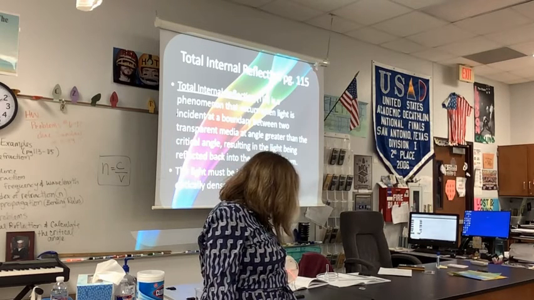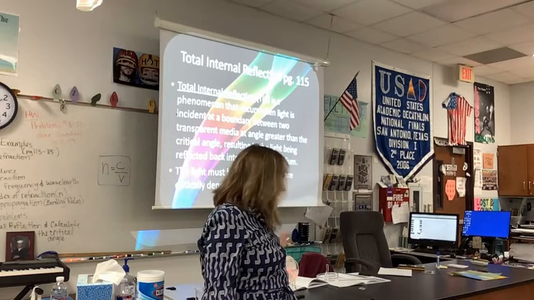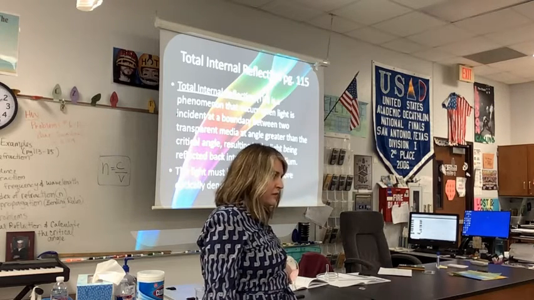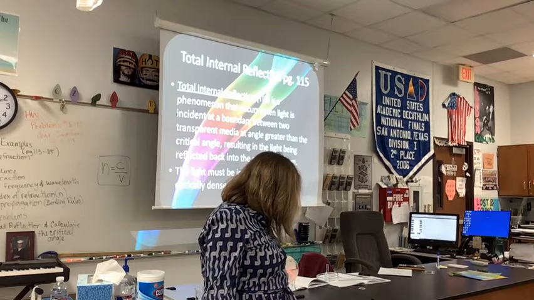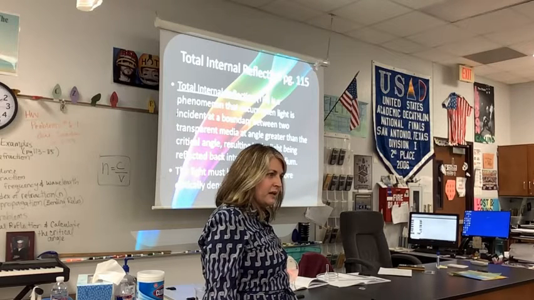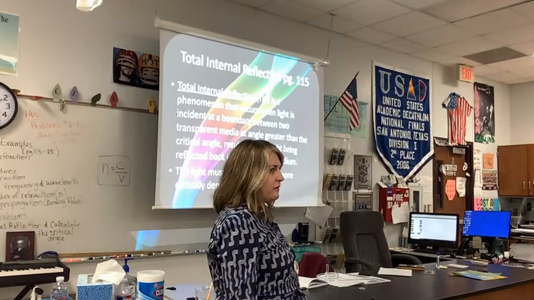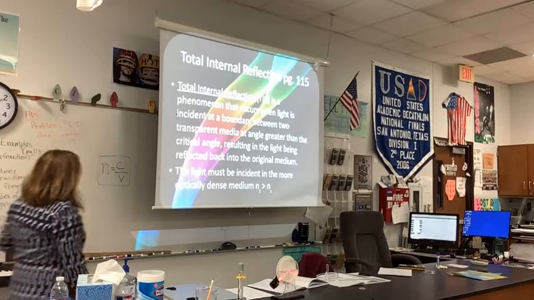If I exceed that angle of incidence, it all reflects back in. Right here, you can see just a glimmer that's still refracting right along the surface. If I increase the angle of incidence just a little bit, then that doesn't happen anymore. So that is total internal reflection, when all of the light reflects back into the original medium.